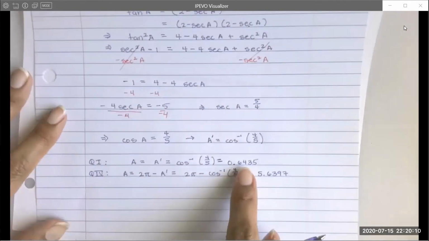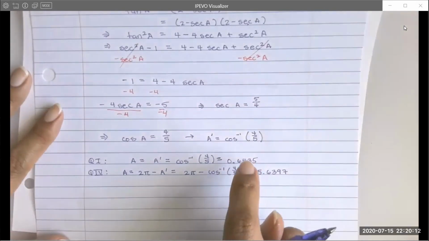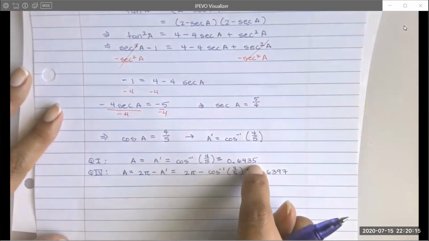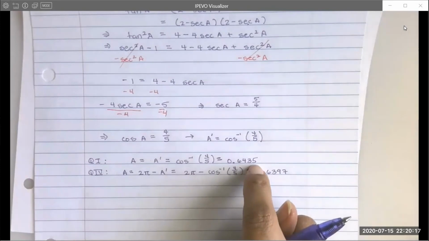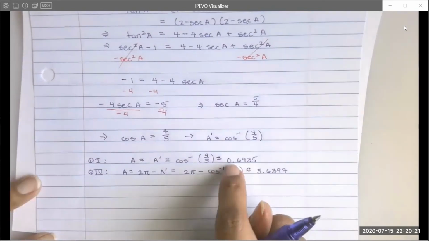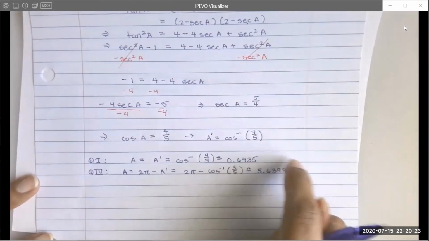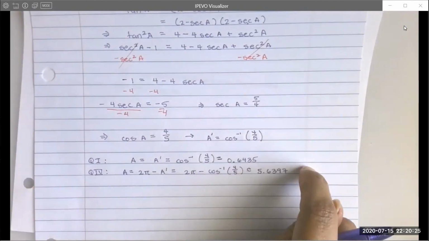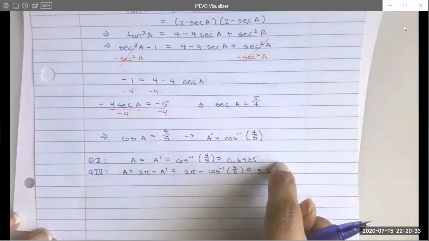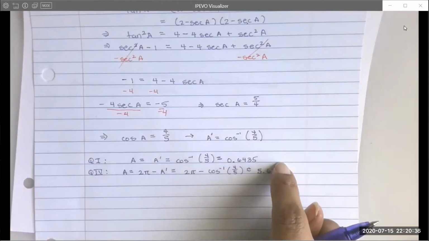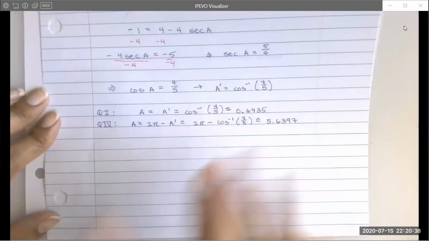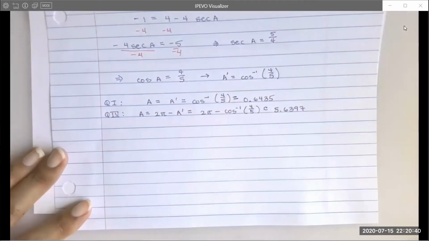So 0.6435 plus 2 pi would be one angle that is coterminal, in the second cycle. And then there would be a third angle, 0.6435 plus 4 pi, completing 2 full cycles.